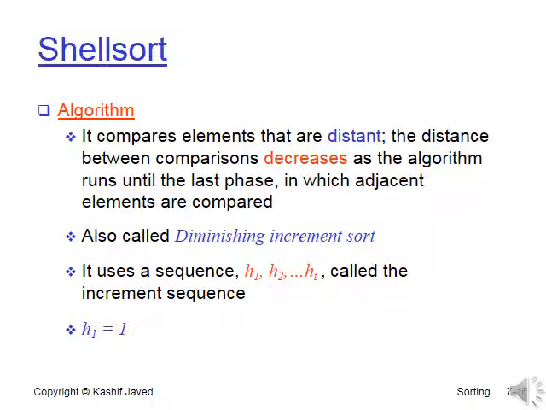Thus, we will be applying a 5, 3, and 1 sort. Do we always do a 5, 3, 1 sort? No. In general, Shellsort will always work as long as the last phase is a 1 sort.